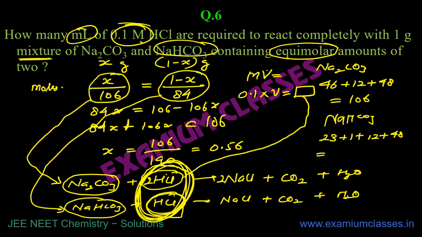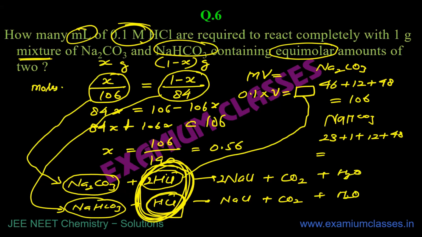Number of moles will be equal to molarity into volume in liters. The reason is very simple: molarity unit is mole per liter, so only with volume in liters will I get moles. So the volume you get will be in liters. Make sure that you convert it to milliliters, because the question is asking for milliliters of HCl.